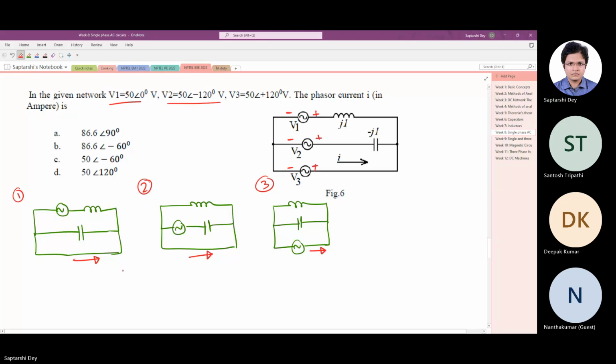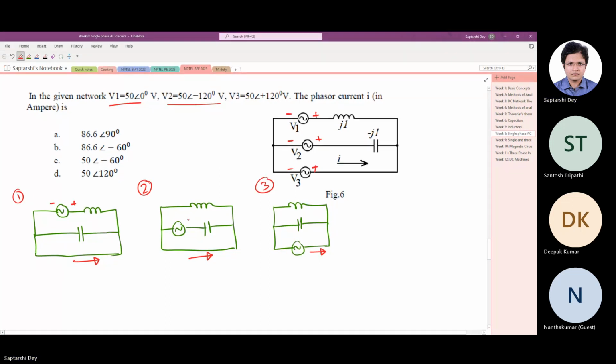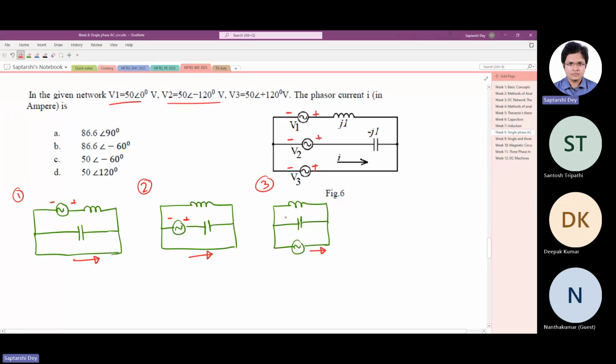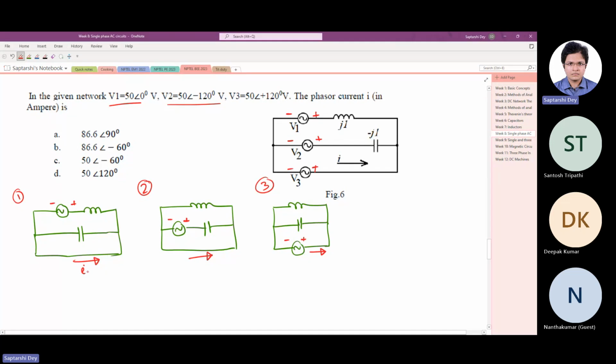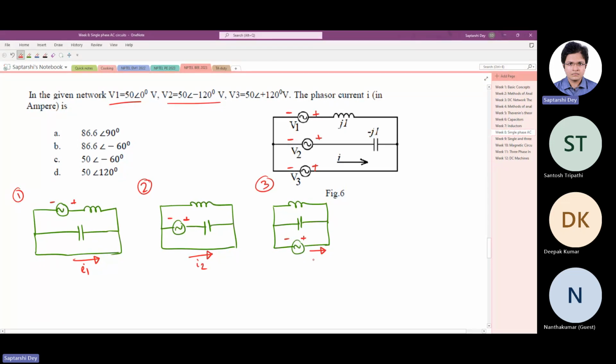So for the first two circuits, in the first circuit, the capacitor is short circuited. In the second circuit, the inductor is short circuited. So there will be no current through the capacitor and the inductor in the first and second circuits respectively. So we can simply find them. We have taken them like this. Say I call this I1, this I2, this I3.